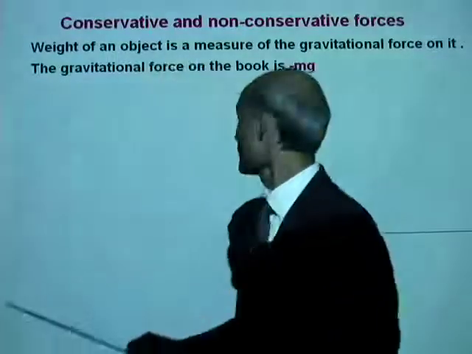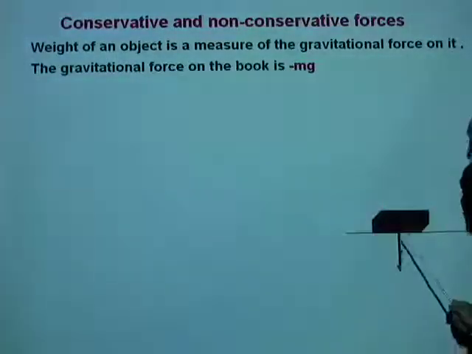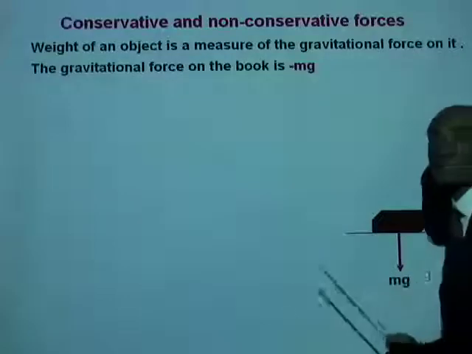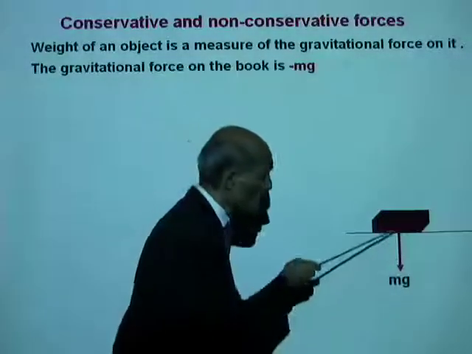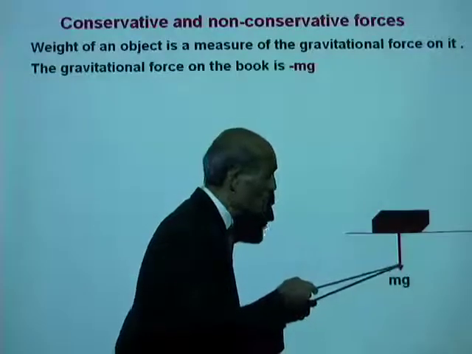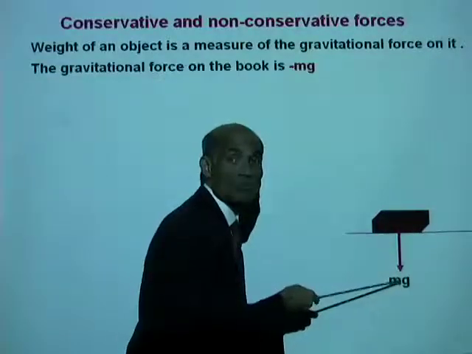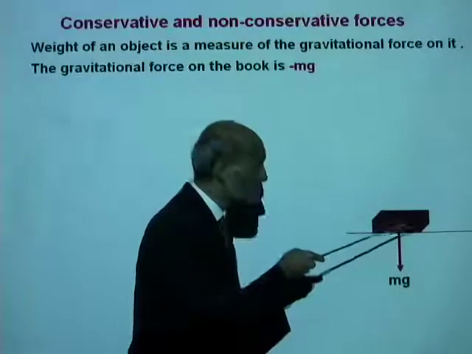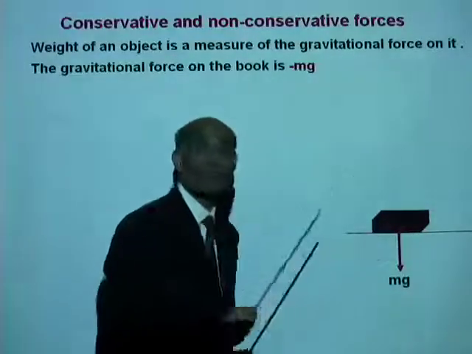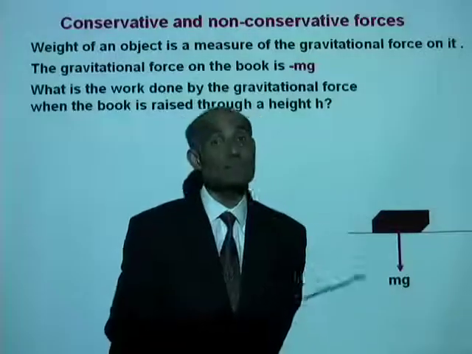Well, here again we have the book. Its weight is mg acting vertically down. Now remember, when we have indicated the direction as downward, you will not then use the negative sign. The negative sign simply tells you that that force is directed down.